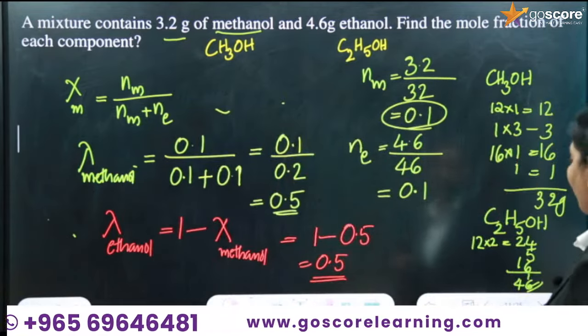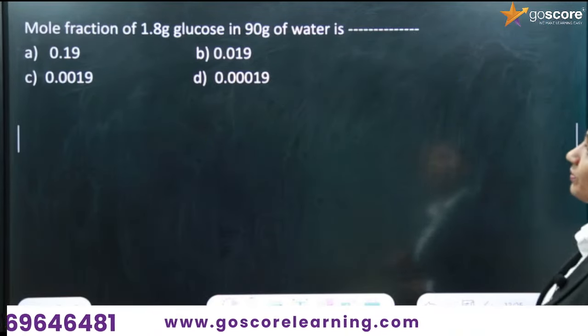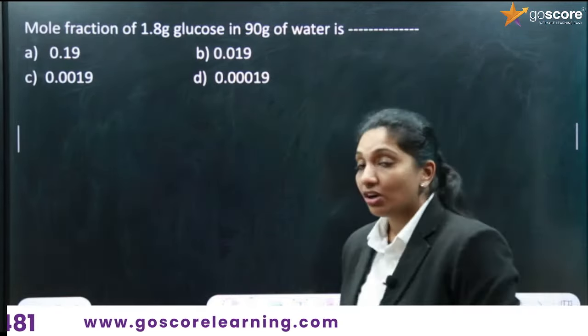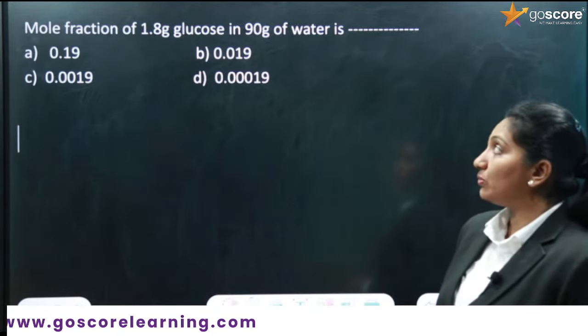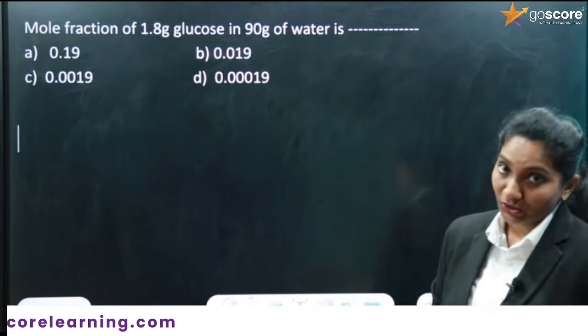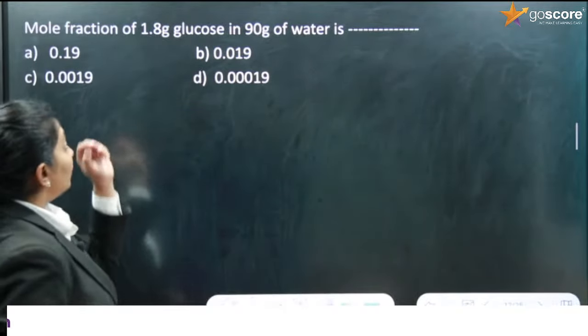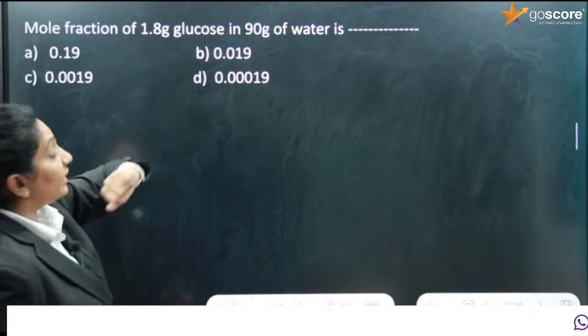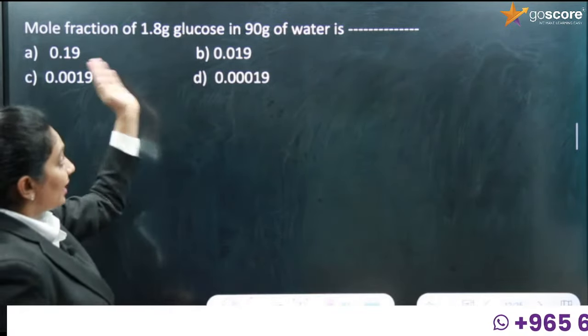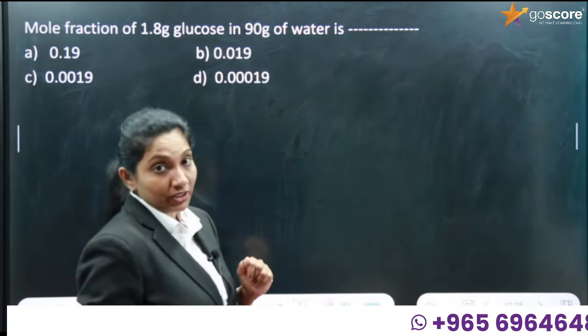Now let's see one more problem on the mole fraction. The mole fraction of 1.8 gram of glucose in 90 gram of water is... It's an MCQ based question. See, we want to find the mole fraction of 1.8 gram of glucose that is dissolved in 90 gram of water.